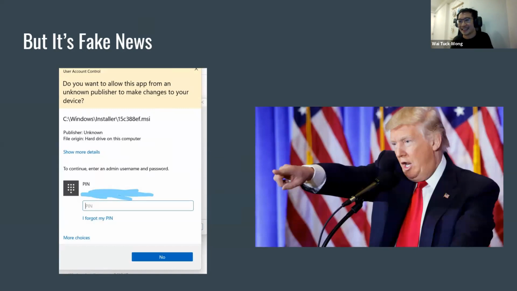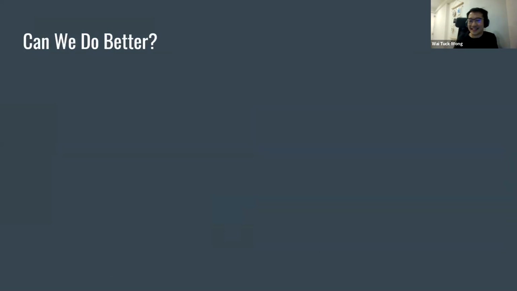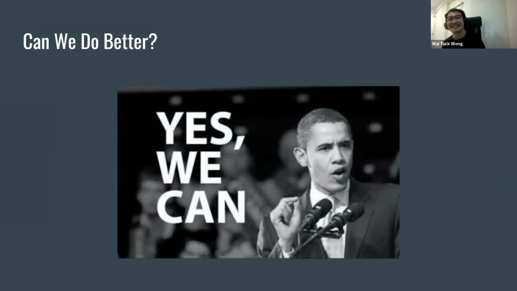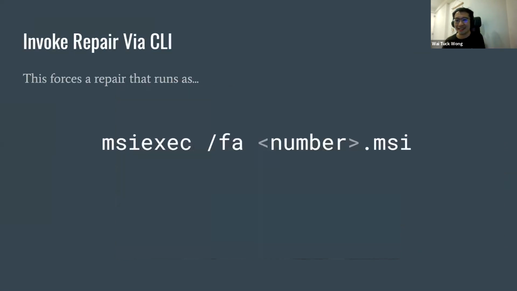So seems like this is the end of the presentation, but it's not. Can we do better than this? And the answer is yes, we can. So what can we actually do here? There is a secret command attributed to SandboxEscaper for finding that. Essentially, you can force a repair as an unprivileged user using this command.